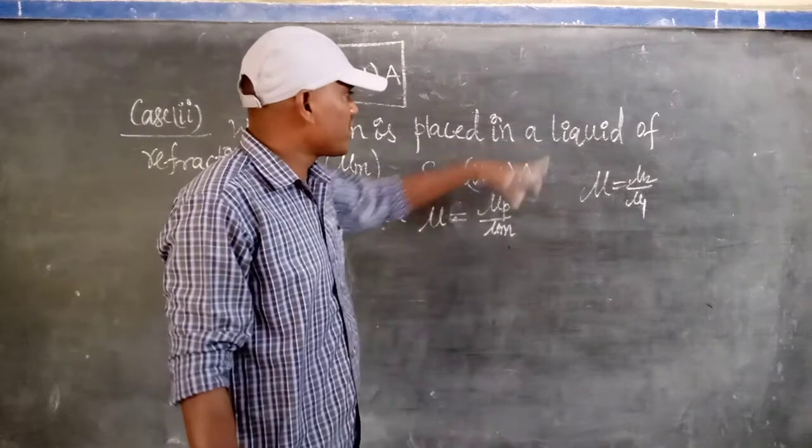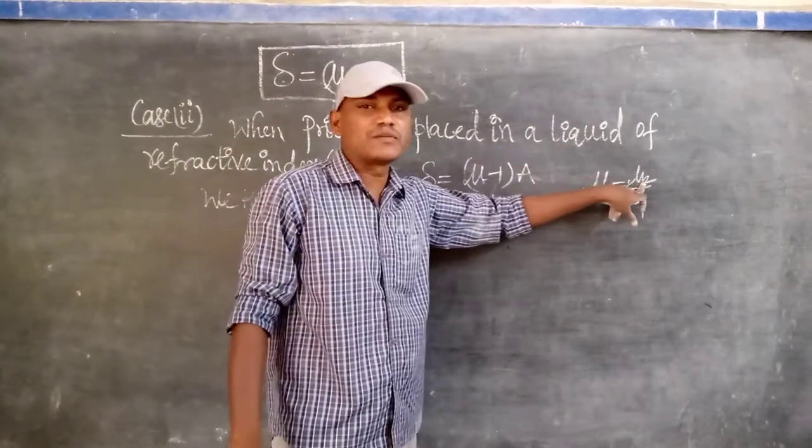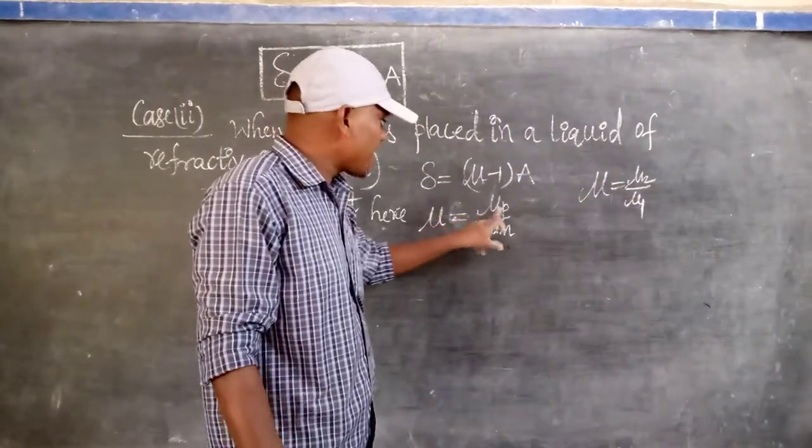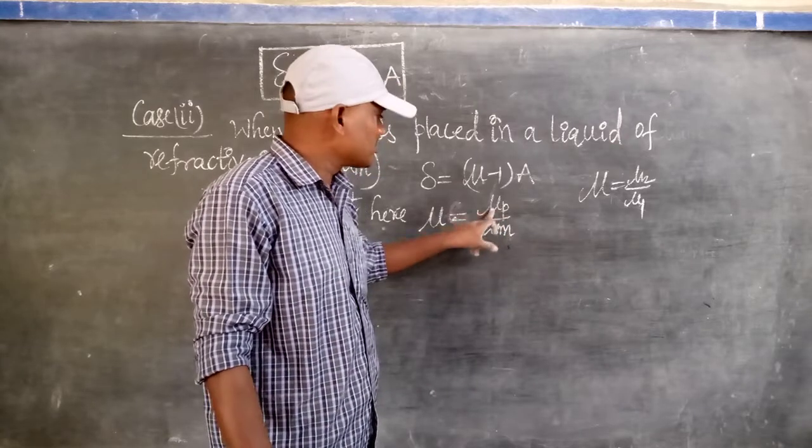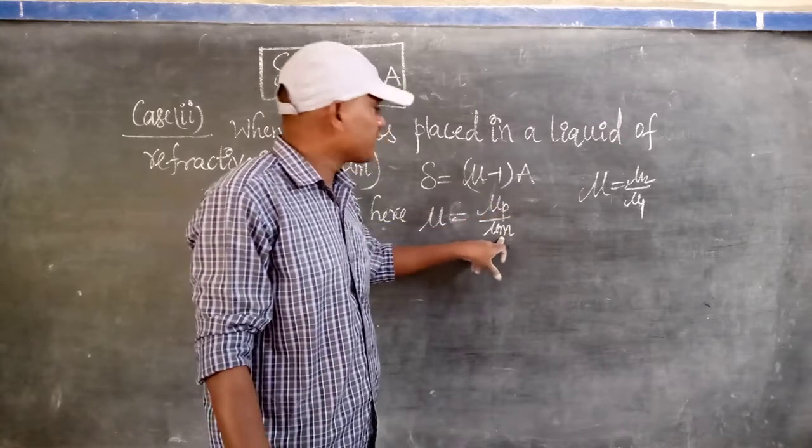That's why the first medium is liquid and the second medium is prism, so refractive index of the prism upon refractive index of the medium. So prism is the second medium and liquid is the first medium.